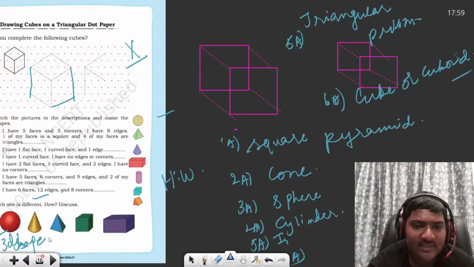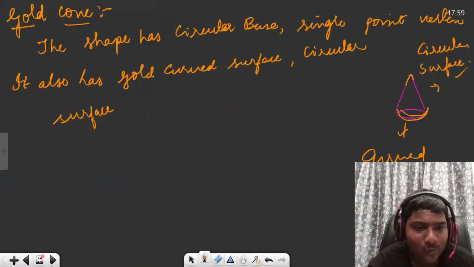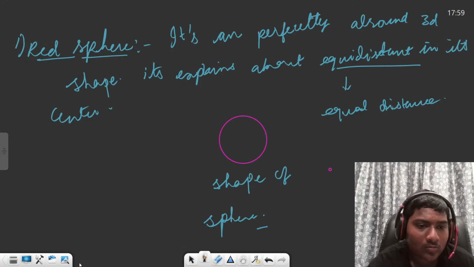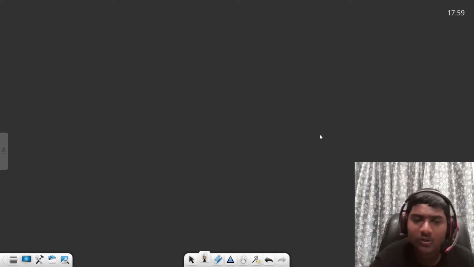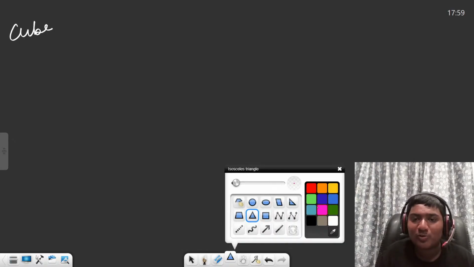I can't tell you all in the same class. The cuboid also you do as homework, children. Not an issue. Cube I'll be explaining, as it is a very easy diagram also.